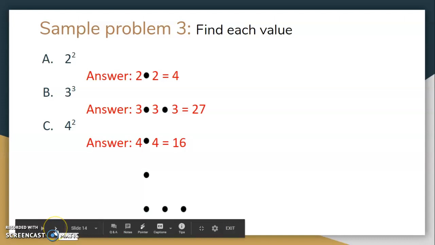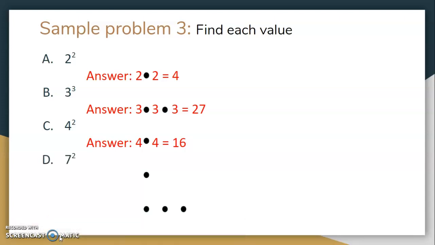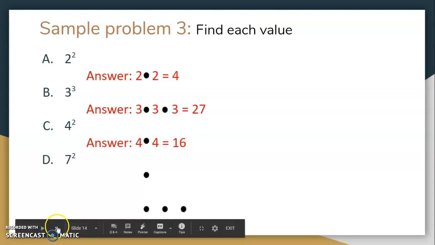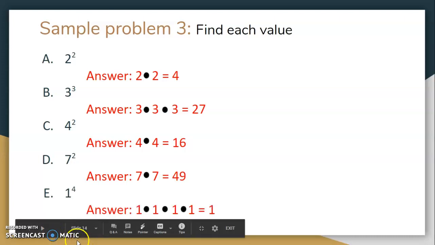So you're multiplying 4 by itself twice. 7 squared, or 7 to the second power, is 7 times 7, which would be 49. And then 1 to the fourth power would be 1 times itself 4 times, and you still get 1.